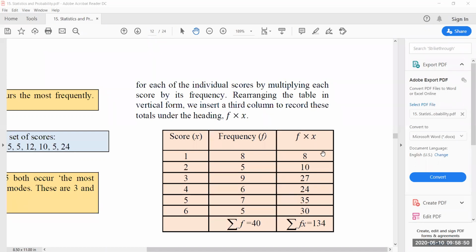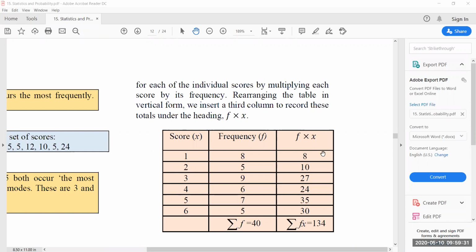Which is what divided by what, Emily? So 6.6. How did you get 6.6? Because I took the total number of frequencies and divided it by how much it had. Tell me in terms of values, not words. All they have to do here, people, is just divide 134 by 40, and you get the mean.